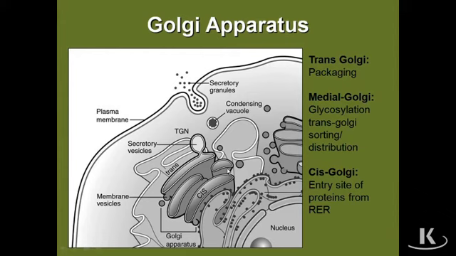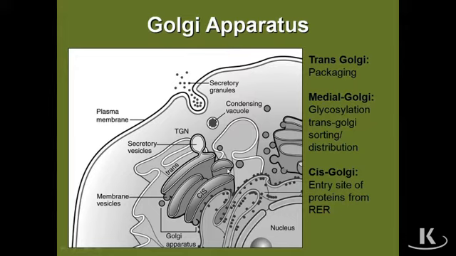Now, what does the Golgi apparatus do? Well, it is closely associated with the rough endoplasmic reticulum, because each of the three kinds of proteins that are produced by the rough endoplasmic reticulum must next be sent to the Golgi apparatus. And you can see the proximity of the cis face of the Golgi apparatus. That's the entry point of all three of the proteins newly synthesized by the membrane-associated polysomes of the rough endoplasmic reticulum. So the medial Golgi is a site where those proteins begin the sorting and glycosylation process.